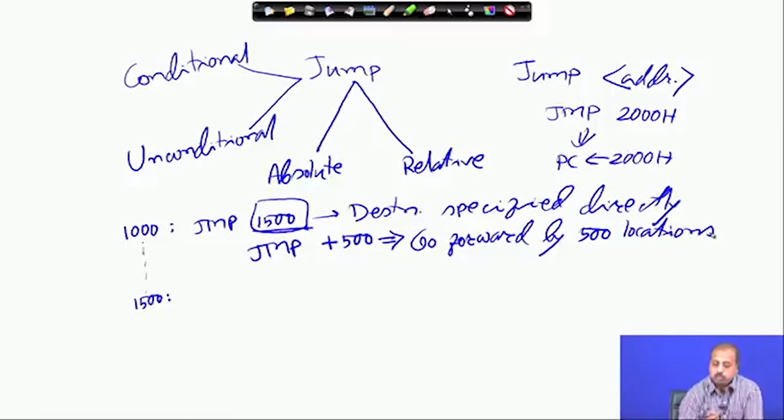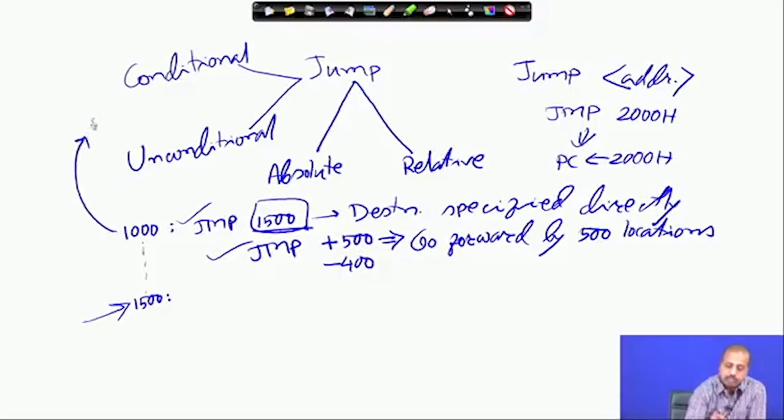When I go forward by 500 locations, the effect is the same and it comes to the same address, but the way we are telling it is different. Similarly, you can say jump minus 400, so that you go back to location 600 in the execution.